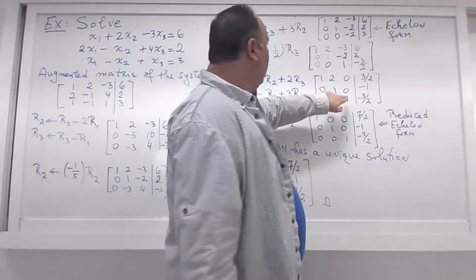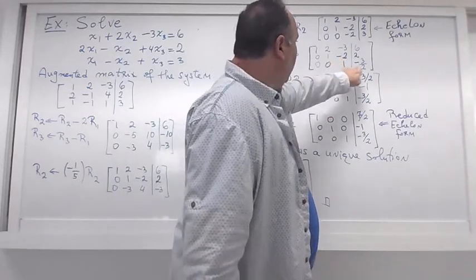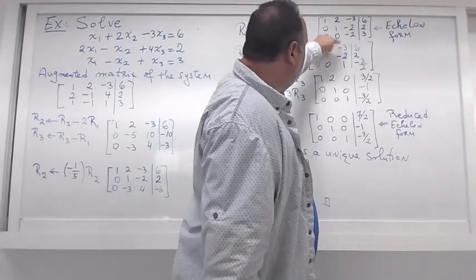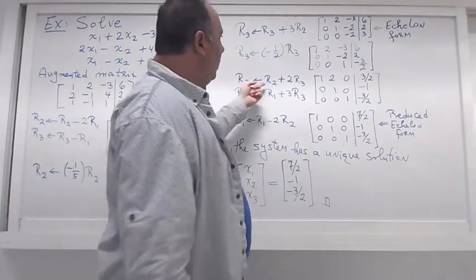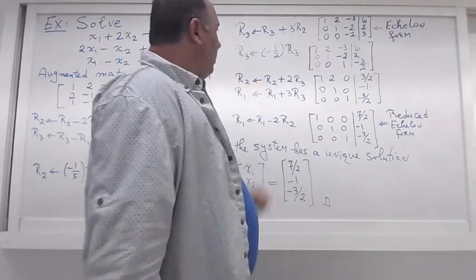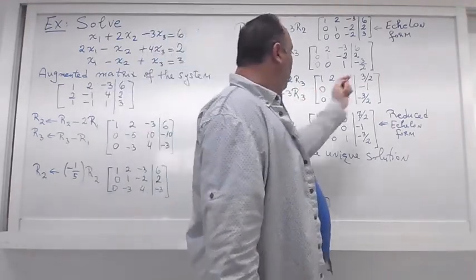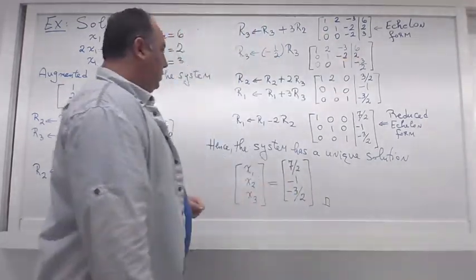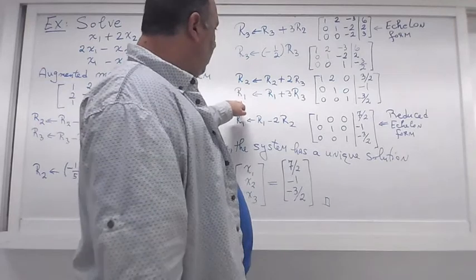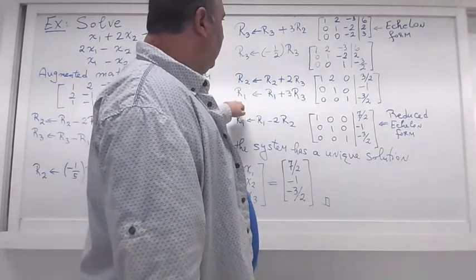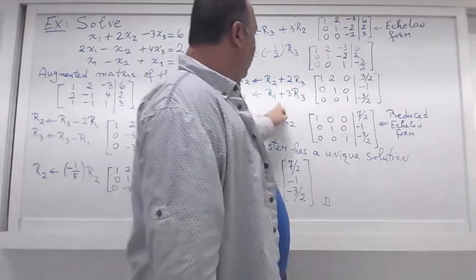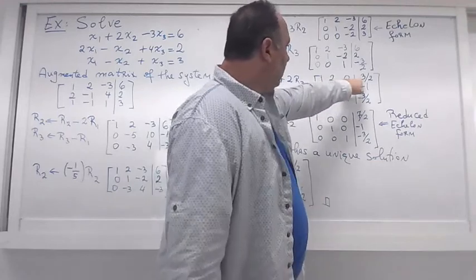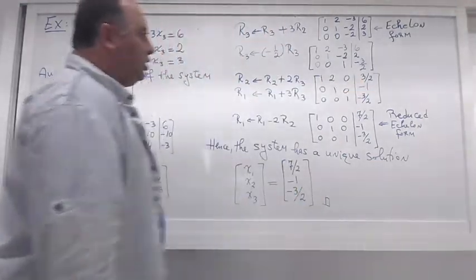Alright, so I have my 1 and the fraction, so I need to kill this guy and this guy. So replace row 2 by row 2 plus 2 times row 3, do the job. Need to work with fractions, well, work with fractions, no problem. And then kill the -3 in the first row, do the work, get the job done, and then I have a fraction again.